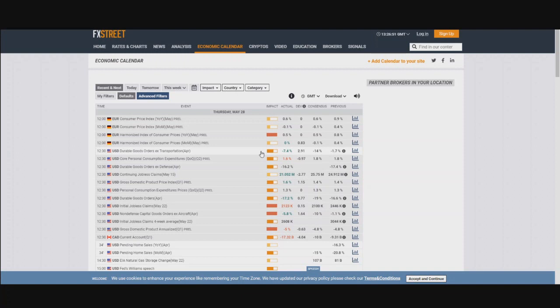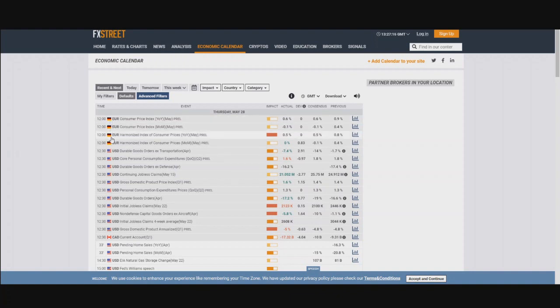So yeah, I like to keep on top of what the markets are going to be pricing in and what the interest rates will be doing. So I do look for the major news related topics, and I don't look at every single piece of information. For example, here we've got the EUR, which, funny enough, has got the German flag.